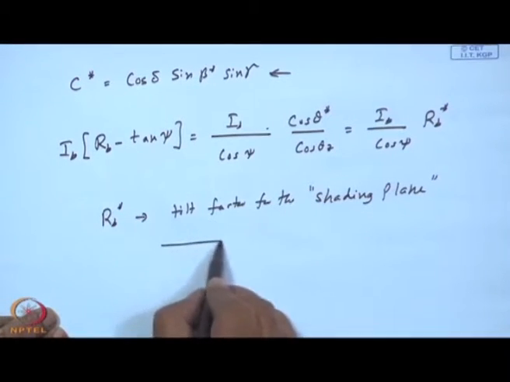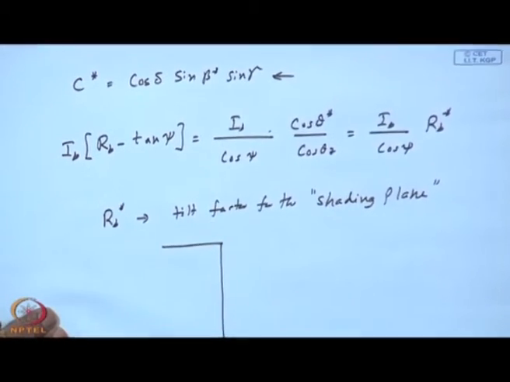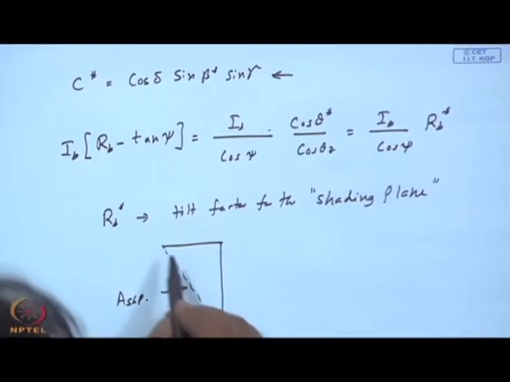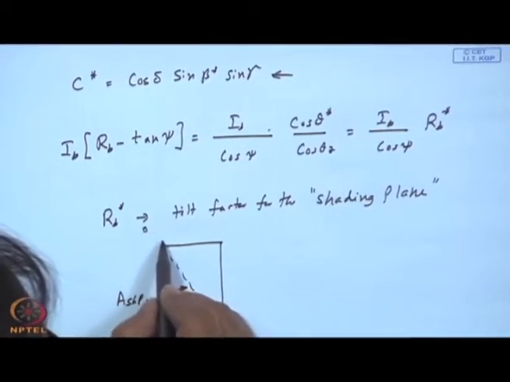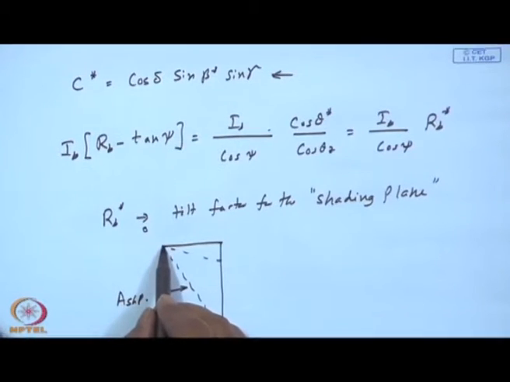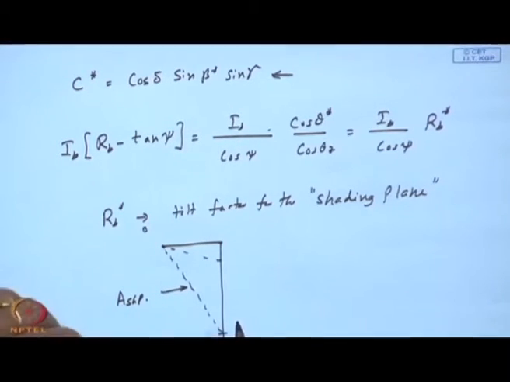If this is the overhang, this is the window, this will be the ASHP, the so called shading plane. It is not the sun's ray casting a shadow; just draw the tip of the projection to the base of the window, and you will get the shading plane.